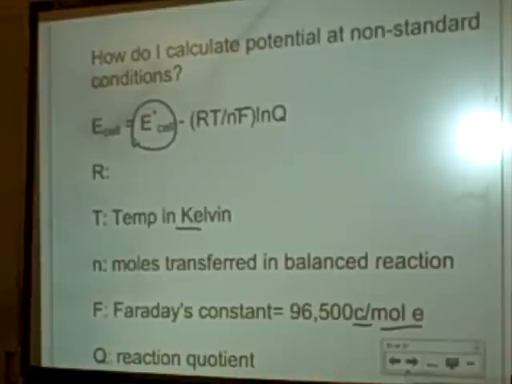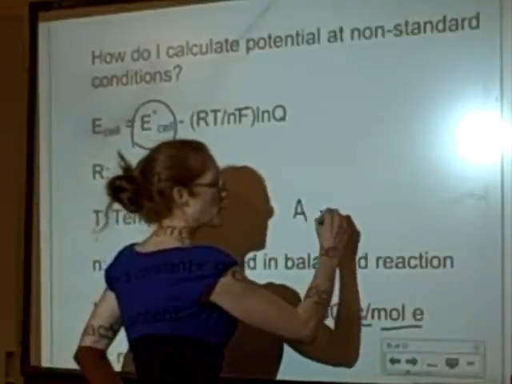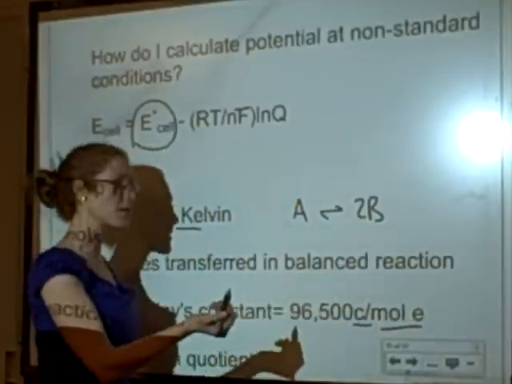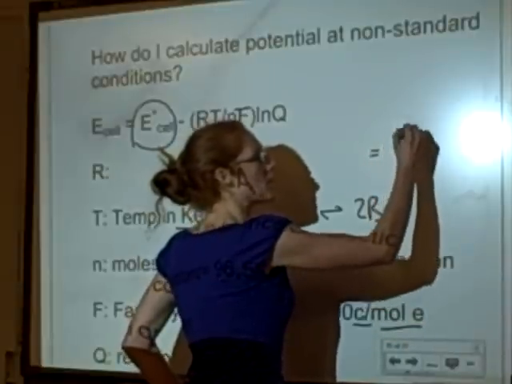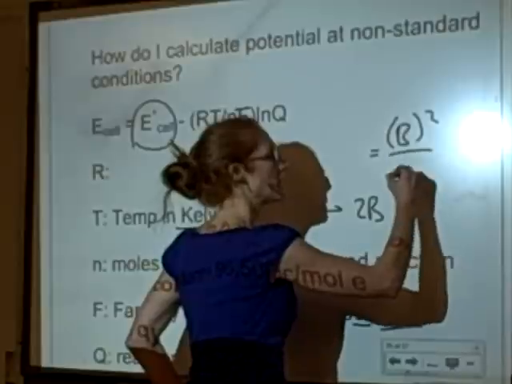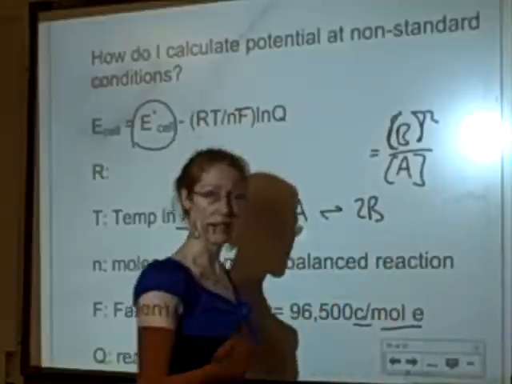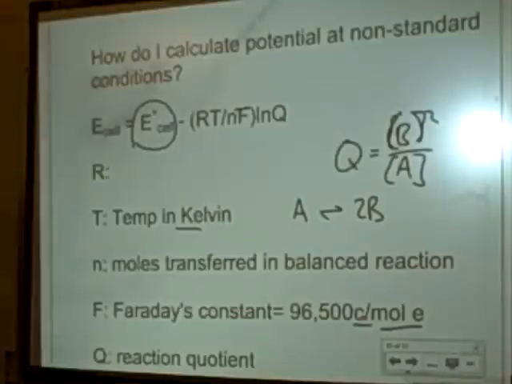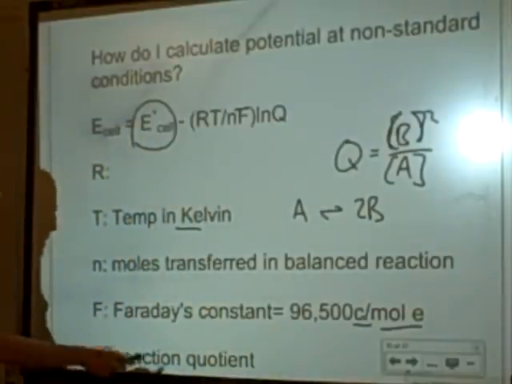If you had your reaction that was something like A is in equilibrium with making 2B, and these were both aqueous solutions, then I would say my equilibrium expression would be that K equals B squared over A. And if I didn't necessarily have equilibrium concentrations, but whatever concentrations I started with, then I would have Q. I'd have the reaction quotient where I'm at this time, checking to see am I at equilibrium, do I have too few products, do I have too few reactants. So this guy doesn't have a unit.